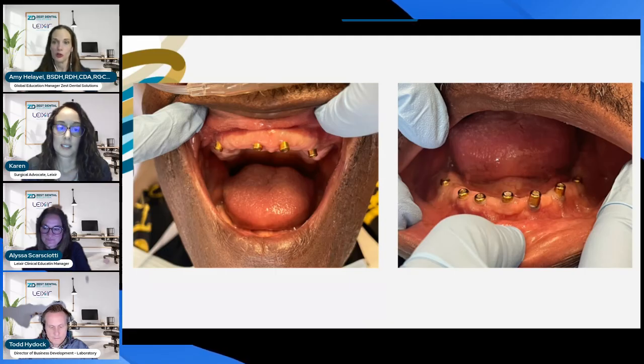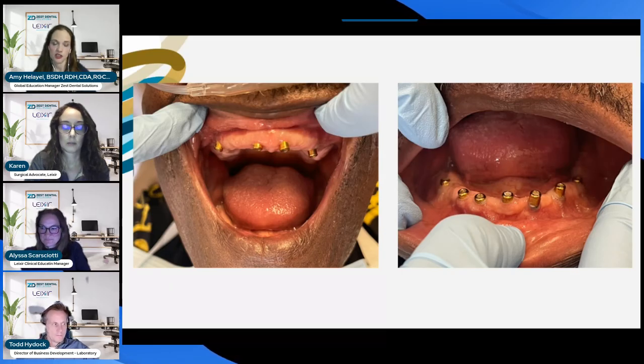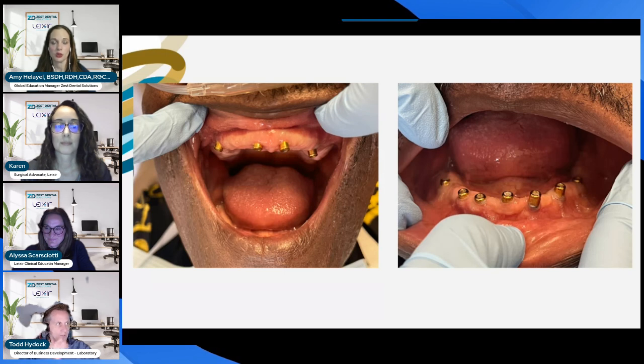Those posterior ones seem a little bit subgingival to me. The housings might snap in and pinch the tissue, but that one in the anterior is really, really tall. That's going to make it difficult for the lab technician to fabricate, and for the patient, we want it nice and even across the arch so that we have a nice, well-fitting prosthesis.